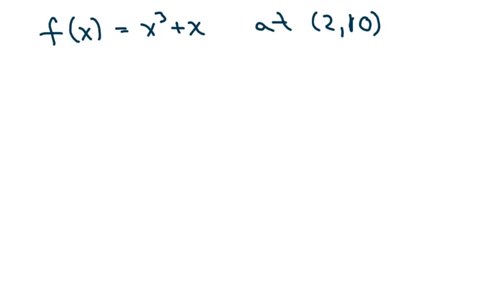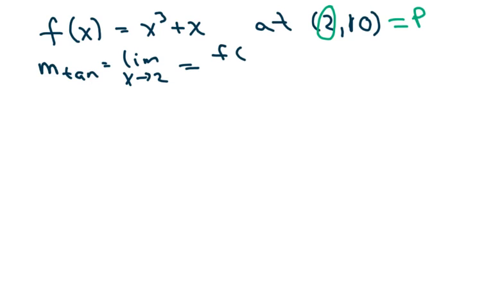So the first one we have is f of x equals x cubed plus x. And we want to find the tangent line at this point right here. So again, we just use our formula. The slope of the tangent line equals the limit as x approaches our c part, which is here, the 2, of f of x minus f of 2 over x minus 2.